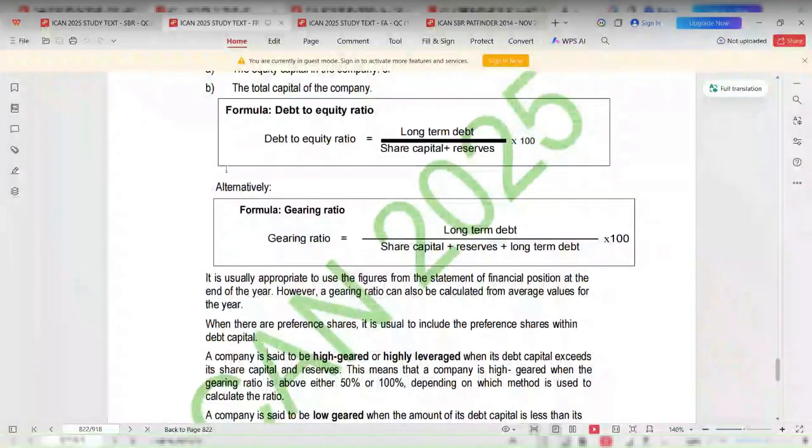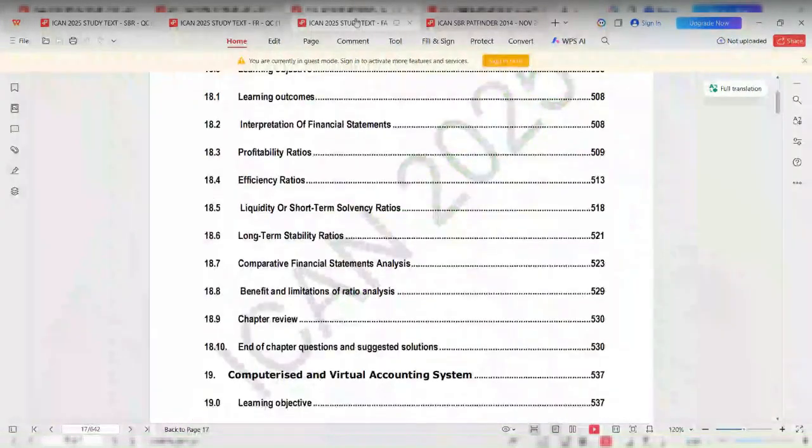Now, if you are a FA student, if you are a financial accounting student, ratio analysis is found in chapter 18. That is page 508 to 530.